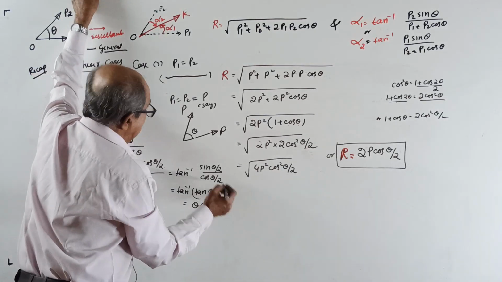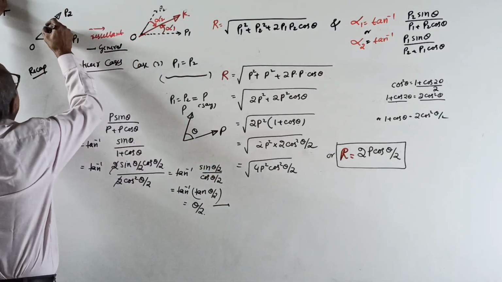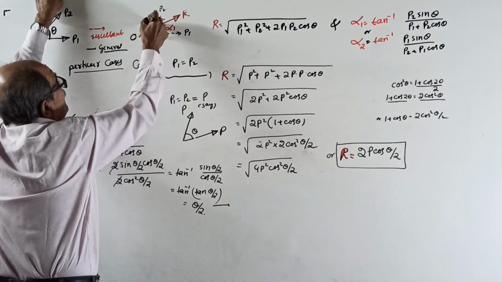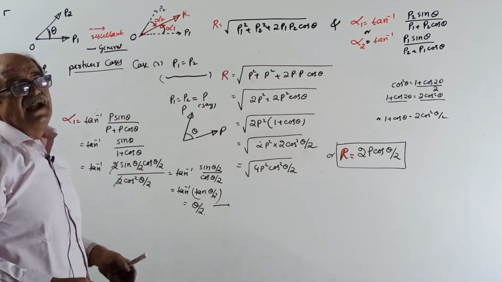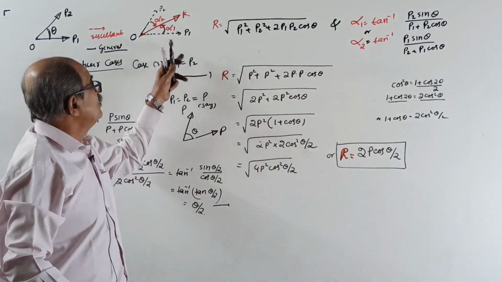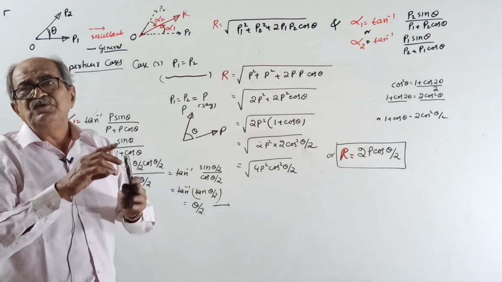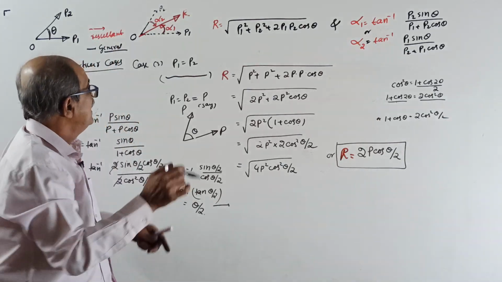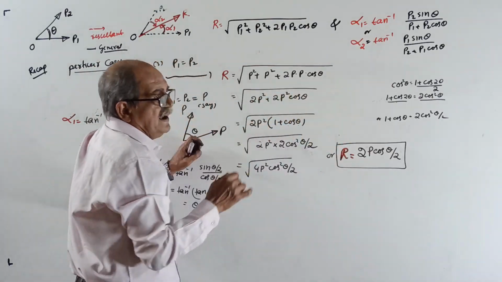So if the angle is theta, alpha 1 and alpha 2 are also theta by 2. The resultant will bisect the angle between the two forces, passing exactly midway. Again, common sense. This is also not all that important.